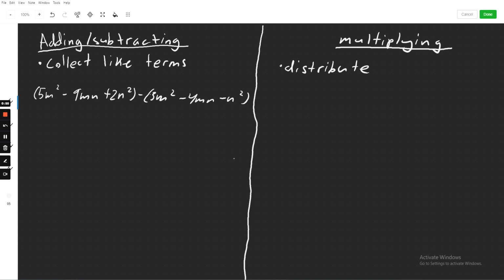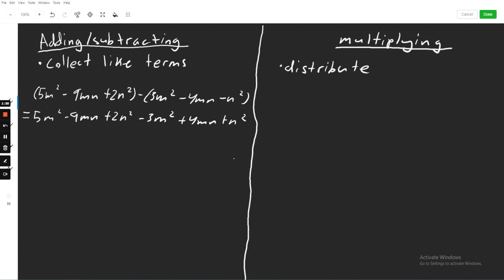So first things first, we would have to get rid of these brackets. So we'd distribute this negative sign, change these signs. So it'll be 5m squared minus 9mn plus 2n squared minus 3m squared plus 4mn plus n squared.